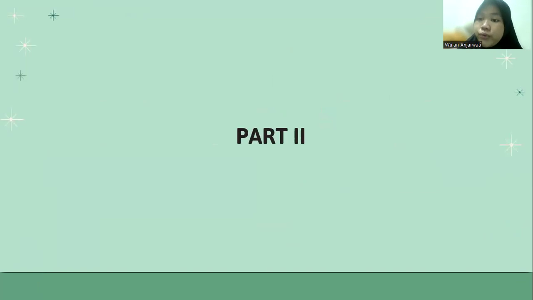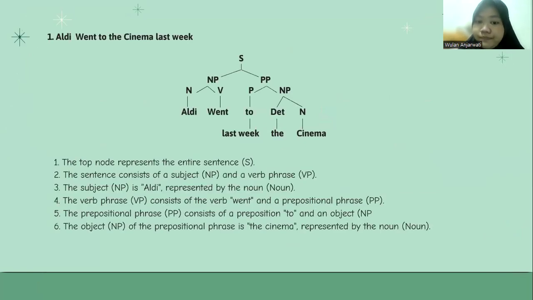In this part 2, I have solved the problem by using the tree diagram. First, there is "Aldi went to the cinema last week." The top node represents the entire sentence, and the sentence consists of a subject and a verb pair.